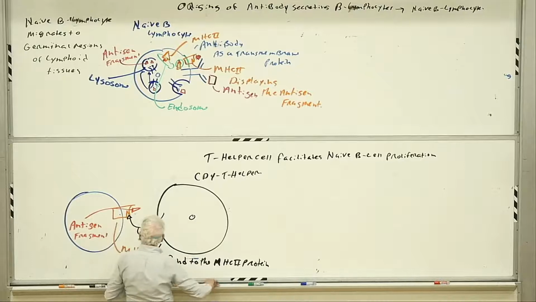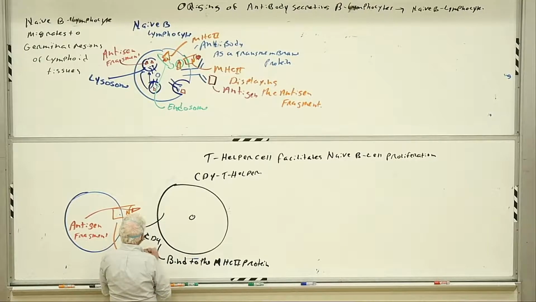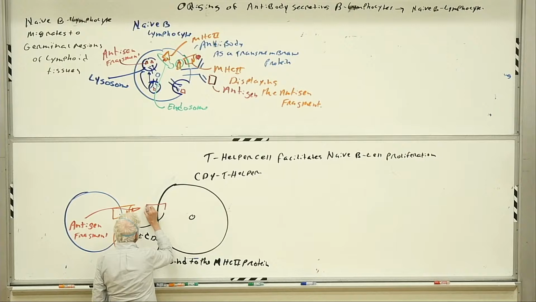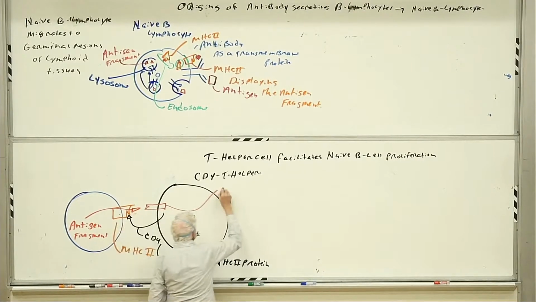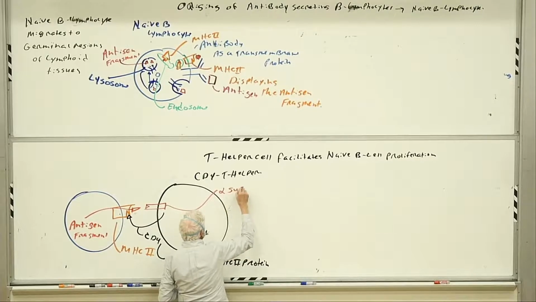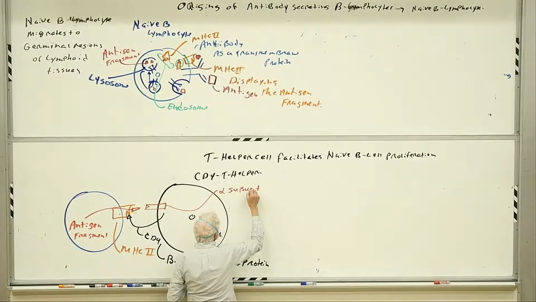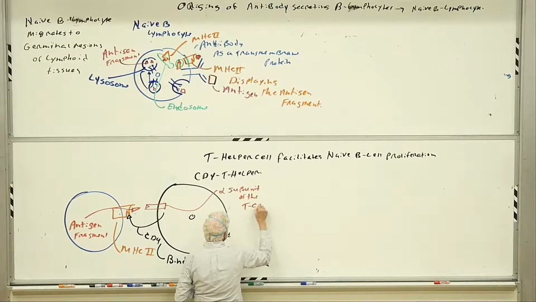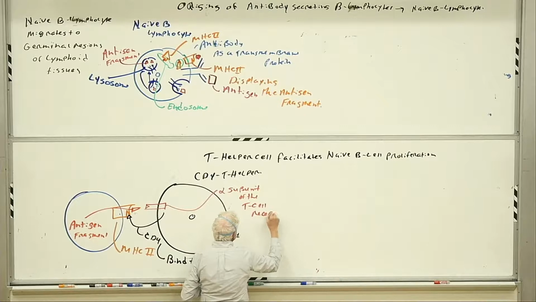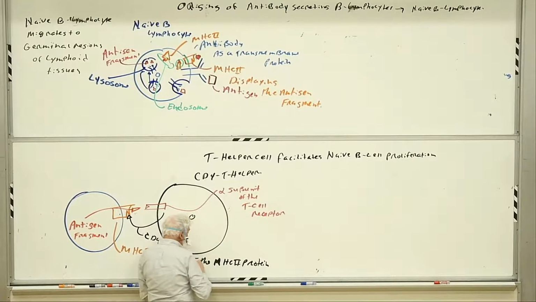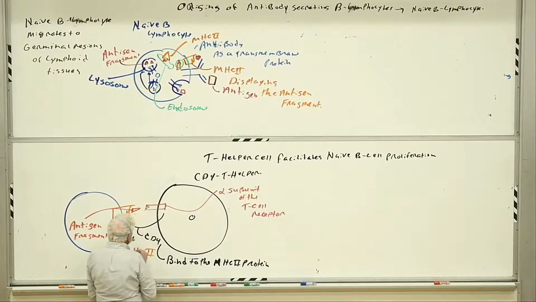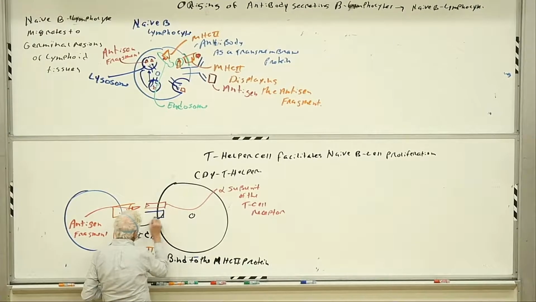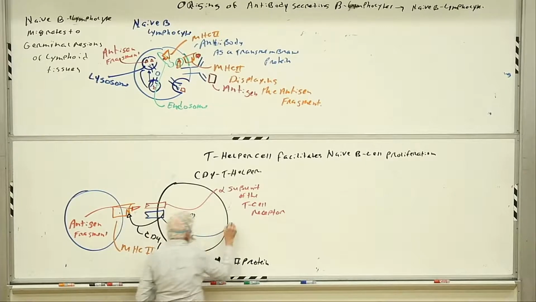Then there are two other proteins that become important here. This protein I'll show at this point. This is said to be the alpha subunit of the T cell receptor. Remember we said that the T cell receptors are transmembrane proteins? Well, that's the alpha subunit. Then there's a second subunit that accompanies it. This is the beta subunit.